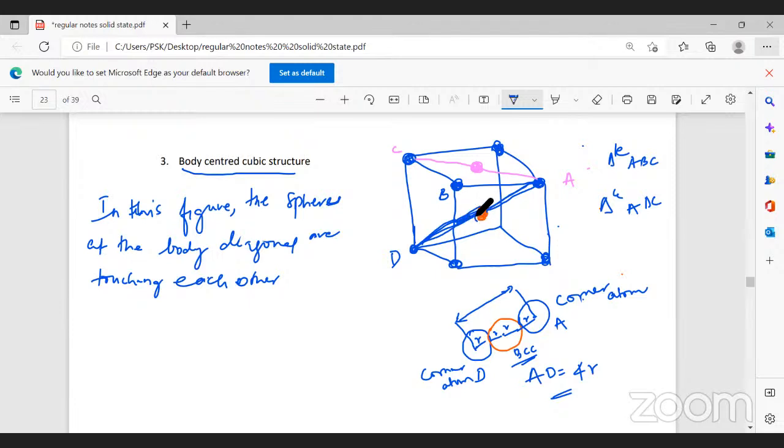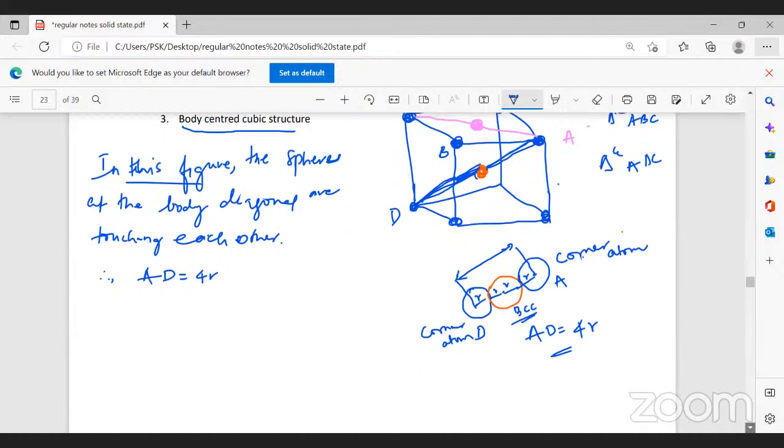It means the particle which is at the center is touching the particle A and what? Particle D. That is what it means. Is it understandable? Clear? Therefore, we can say AD is equal to how many R now? 4R. We found that out here. I explained it clearly. Yes or no? Yes, sir. Please participate.